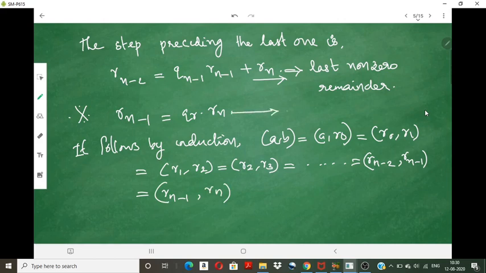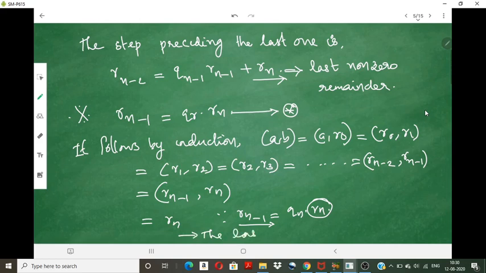From the last equation, the nth equation star, we know that Rn minus 1 is Qn into Rn. So Rn is a divisor of Rn minus 1. So their GCD will be Rn itself. That means the last non-zero remainder. What is Rn?